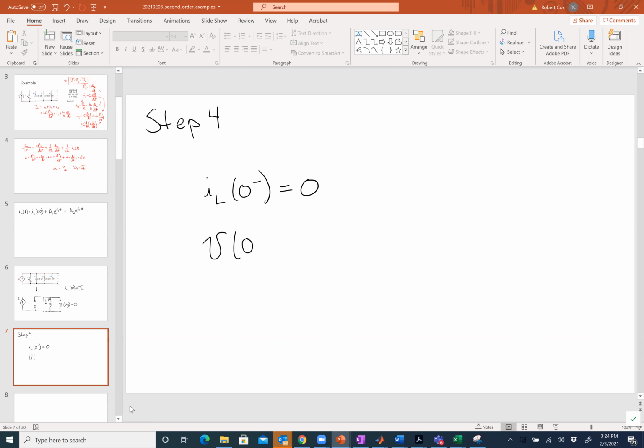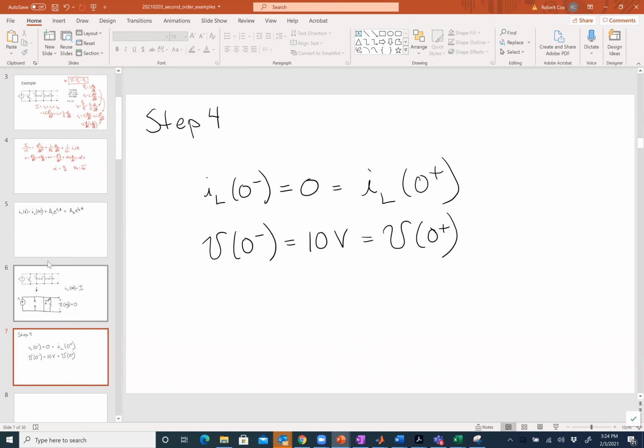V of 0 plus, the capacitor voltage, we were told was 10 volts. So that tells me what IL of 0 plus is, and that tells me what V of 0 plus is. Okay? Questions about that? That's pretty straightforward.